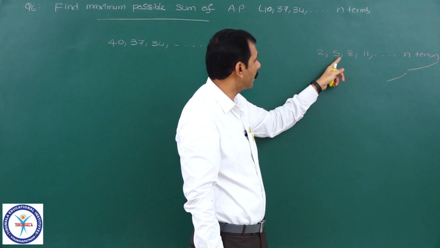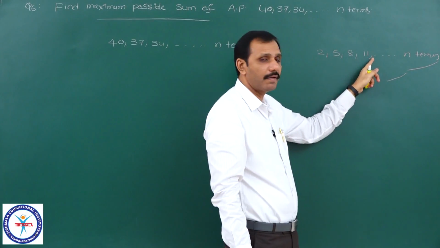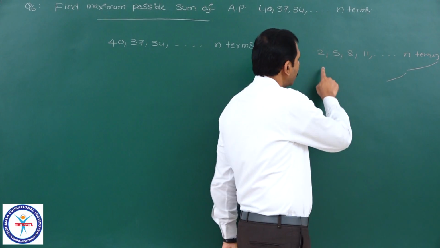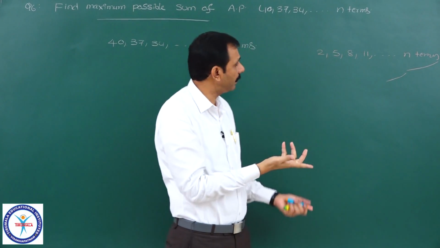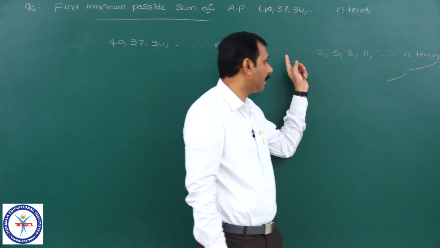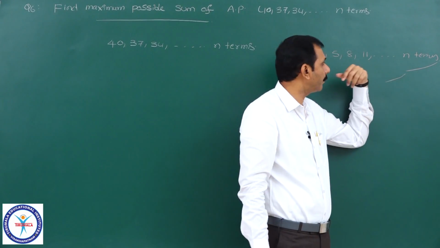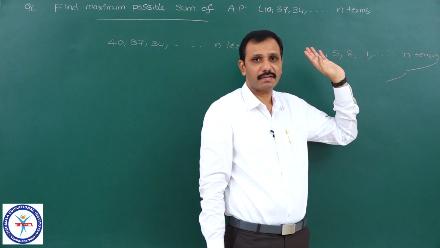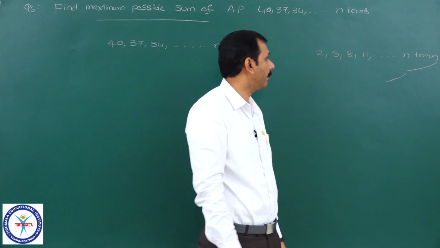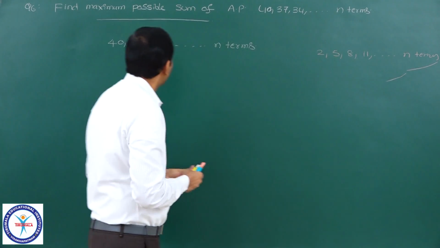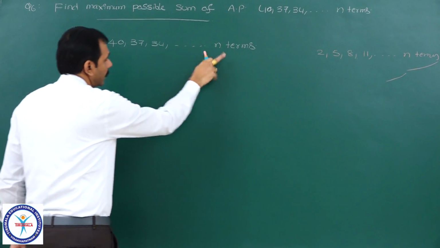Here 2 plus 3, 5, 5 plus 3, 8, 8 plus 3, 11 and so on. If I ask find the maximum possible sum of this one till n terms, there is no meaning for that. It is increasing and tends to infinity. There is no meaning if I ask maximum sum of that sequence. Because here it is a decreasing sequence.